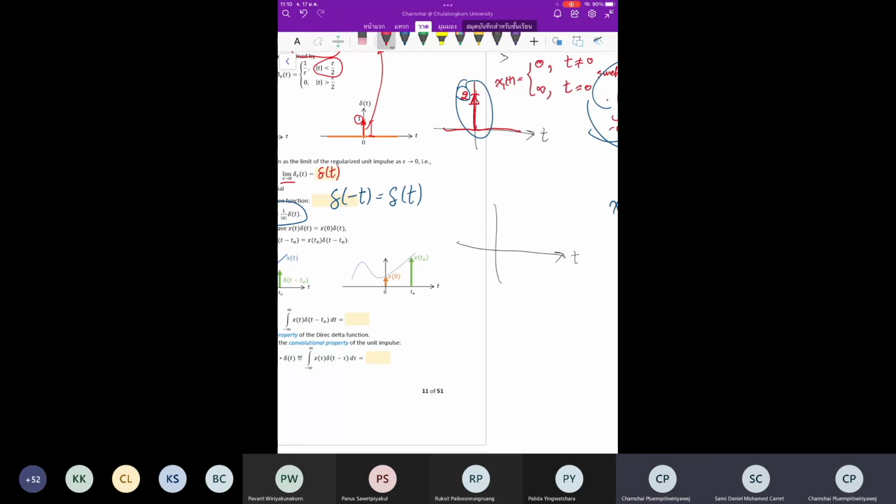I just drew it exaggerated a little bit. When we learn scaling, which is next class, delta of at, if a is more than 1, for example delta of 2t, then it's going to look like this. It's going to get squeezed.